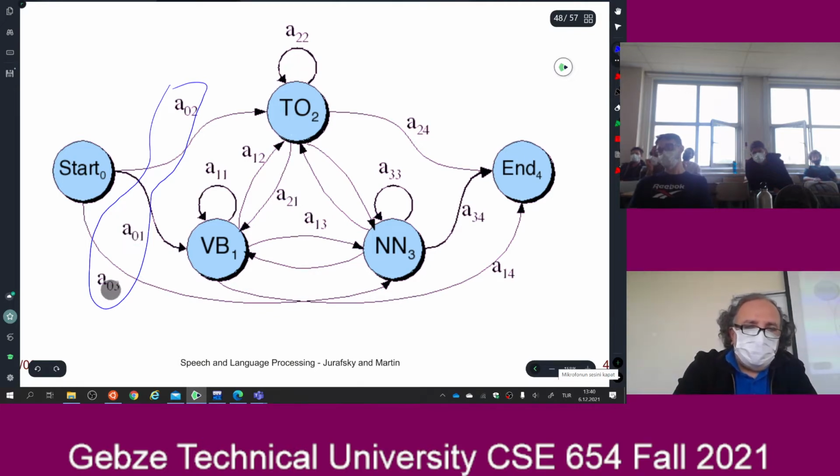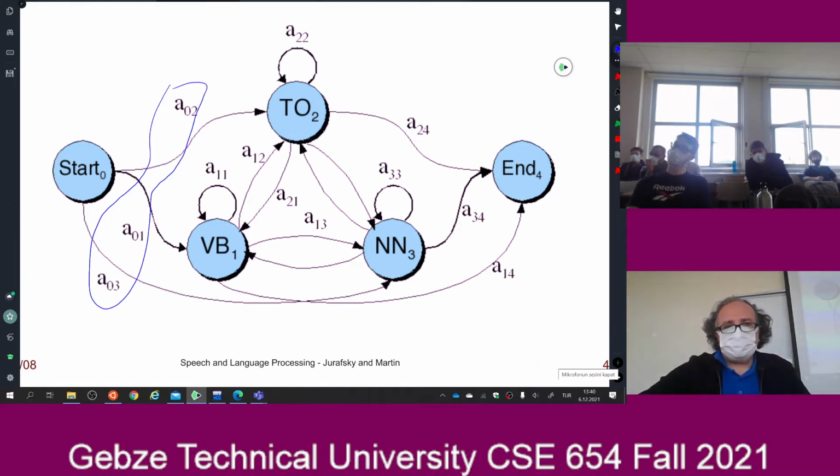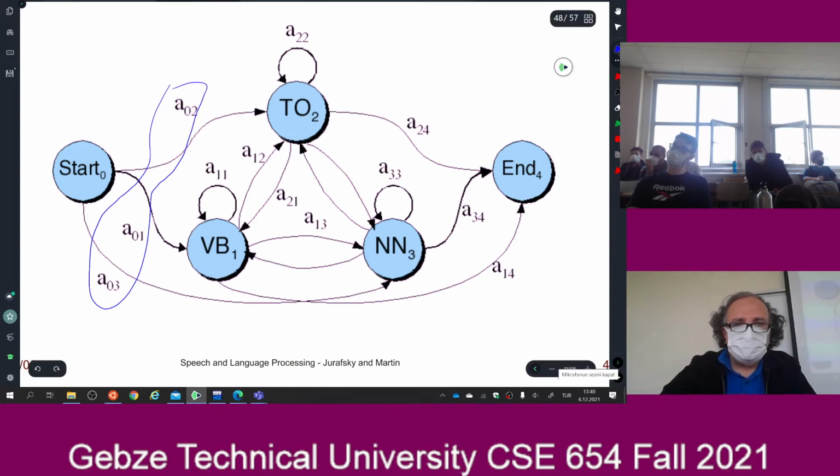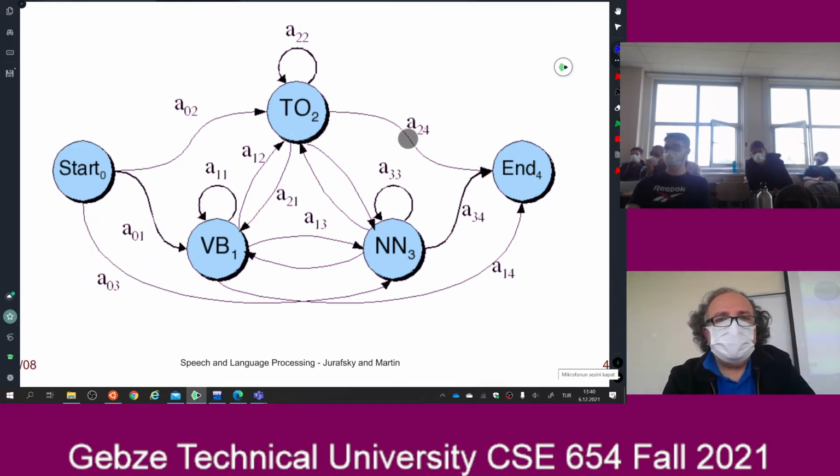And this one will tell you the probability that the sentence will start with a noun. Three things here. And this one will tell you the probability that after 2 the sentence is going to end. This one will tell you the probability of having another 2 after 2, etc.